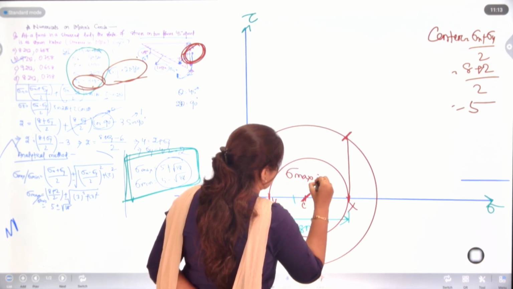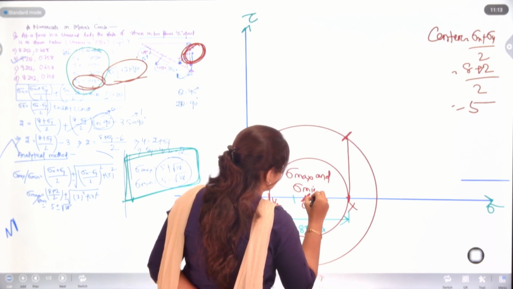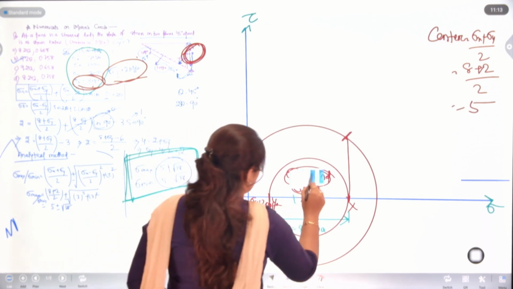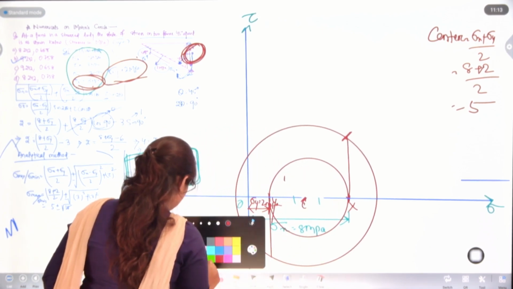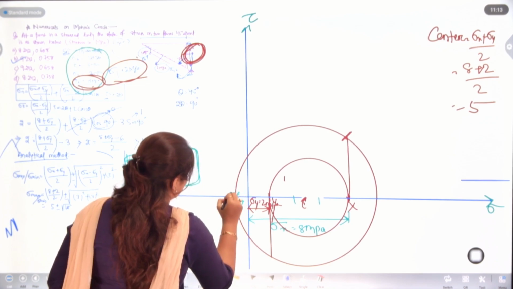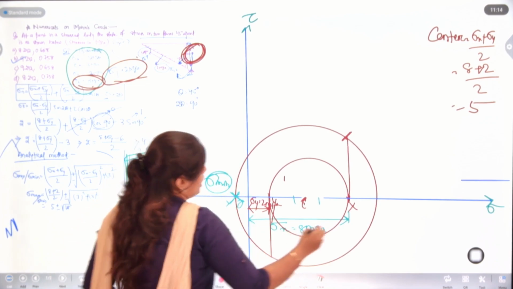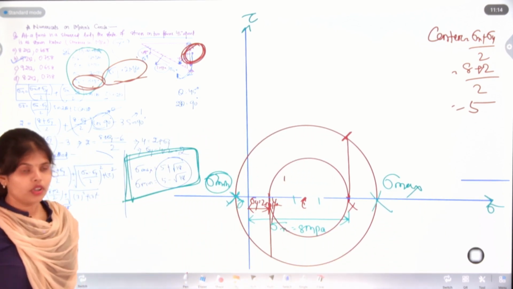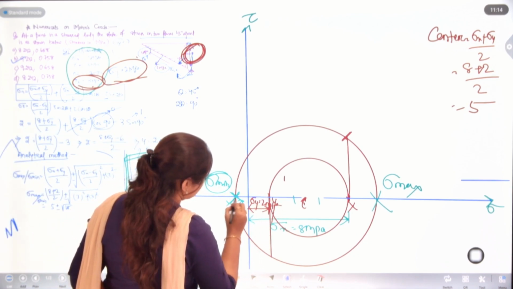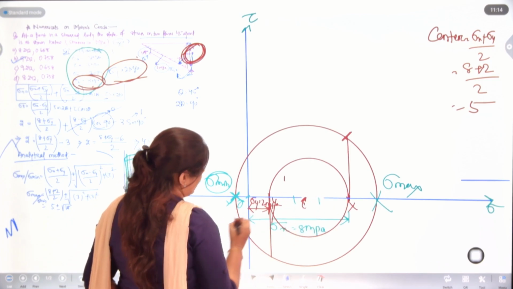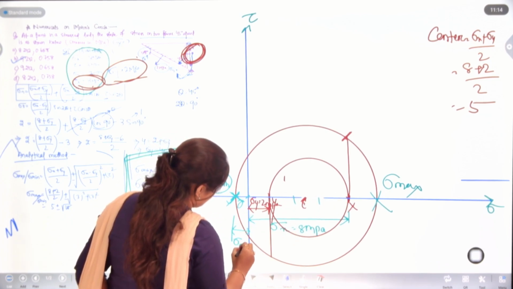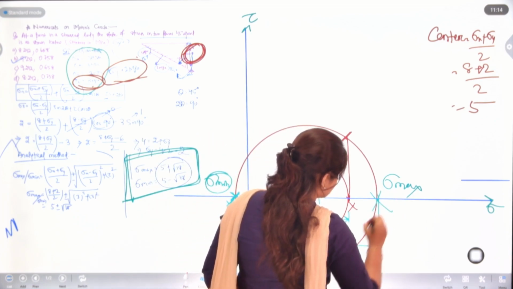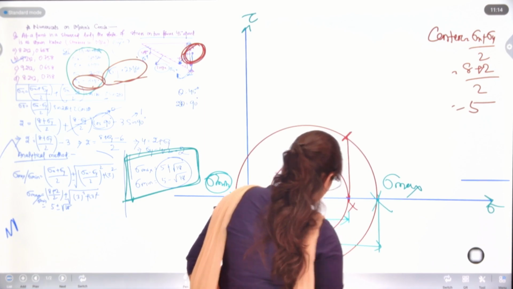Sigma max and sigma minimum. At this point you will have sigma minimum, and at this point you have sigma maximum. So, from O to this point is your sigma minimum, and O to this point is your sigma maximum value.